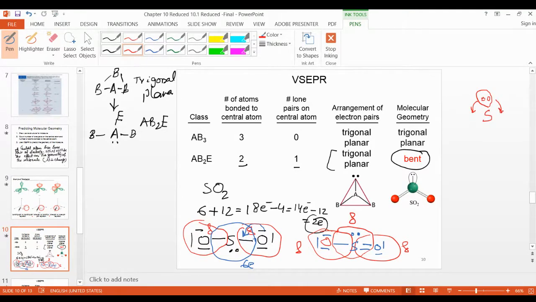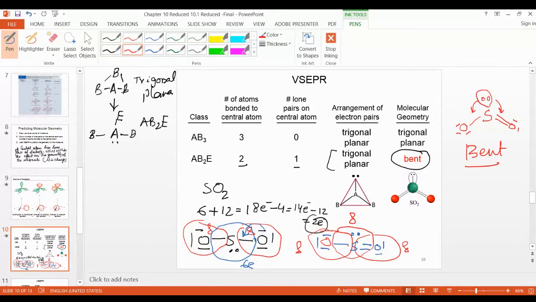This is the interaction, so due to the lone pair of electrons with the bond pairs of oxygen, the geometry has been changed. We call it bent. If the lone pair electrons are present on the central atom, the geometry changes from trigonal planar to bent.